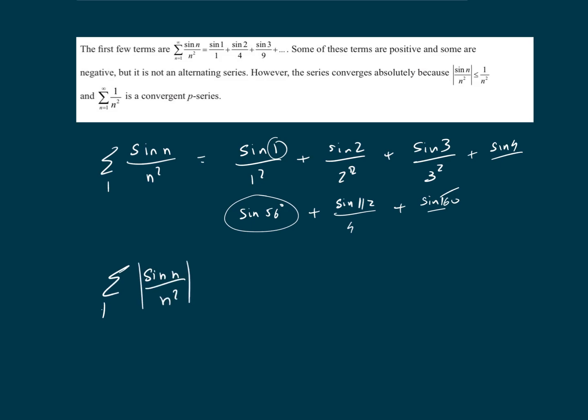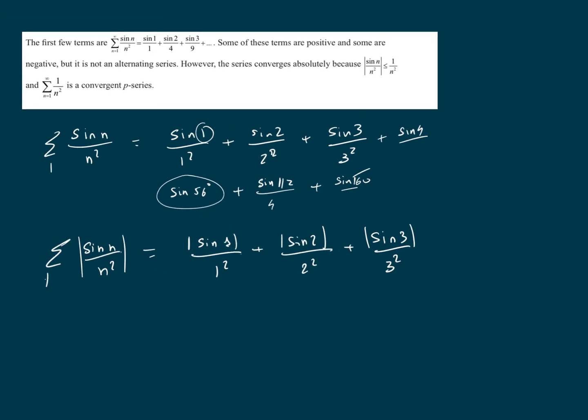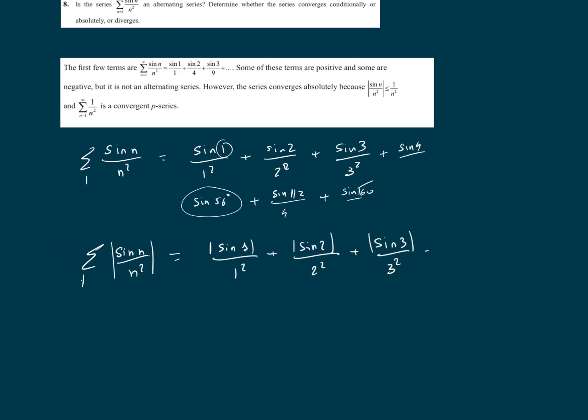So we analyze sine of 1 divided by 1 squared plus sine of 2 divided by 2 squared plus sine of 3 divided by 3 squared. For now, putting the absolute value has no effect, because sine of 1 is positive, sine of 2 is positive, sine of 3 is positive, but sine of 4 is not positive.